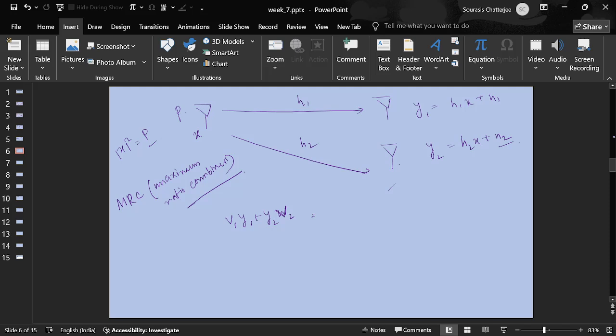H1 conjugate over the norm of H. Okay, so these weights need to be the conjugate of the channels, right? That's what you meant. So basically this will happen when the receiver has channel information.